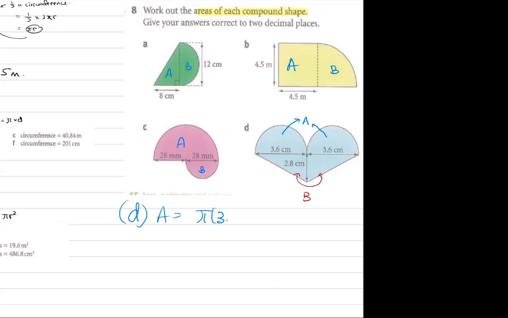Radius would be 3.6 divided by 2, which is 1.8. Area B would be half times base times height, times 2. So that makes a rectangle. Two triangles make a rectangle. So I'm just going to use 3.6 times 2.8.